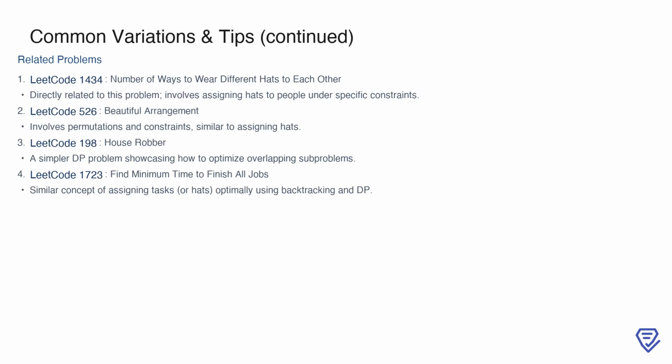On the other hand, problem 198, house robber, is a simpler dynamic programming problem that highlights the importance of optimizing overlapping subproblems. Lastly, problem 1723, find minimum time to finish all jobs, deals with the optimal assignment of tasks using techniques like backtracking and dynamic programming, which align with the strategies used here. Exploring these problems can deepen your understanding of the underlying concepts and techniques.